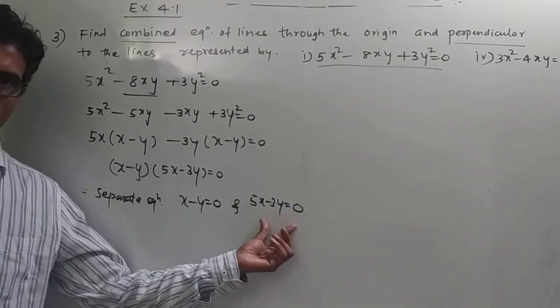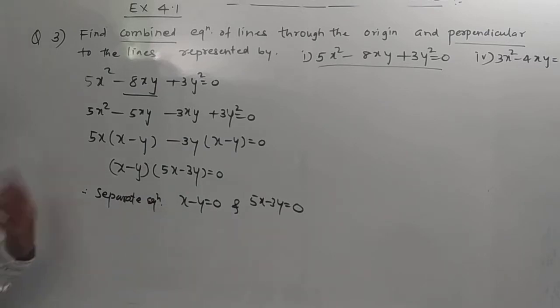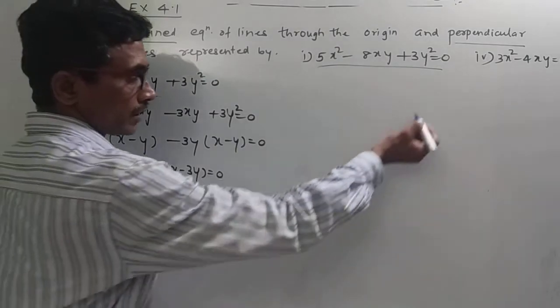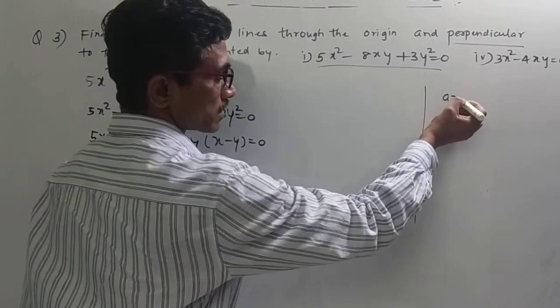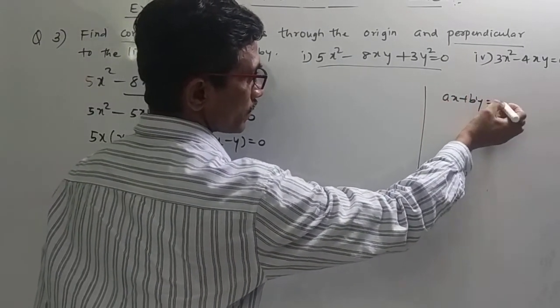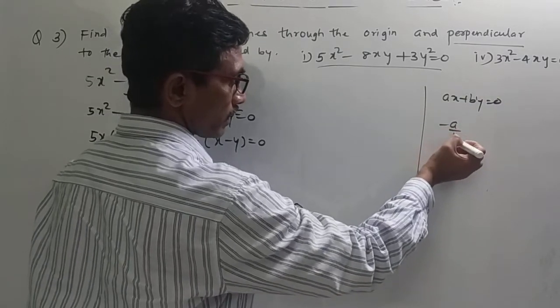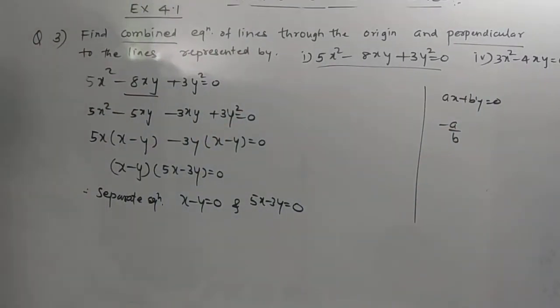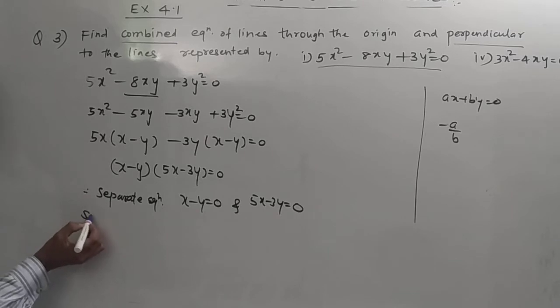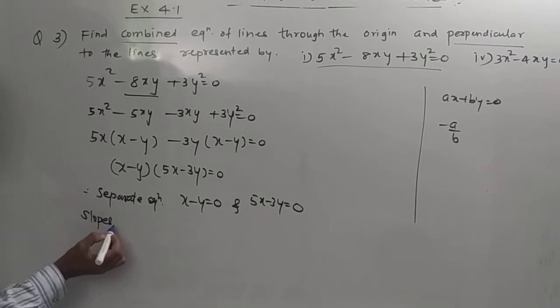Now these two separate lines, we have to find their slope. So slope is given by, if our equation of the line is ax plus by is equal to 0, then its slope is given by minus a upon b. So what will be slopes?